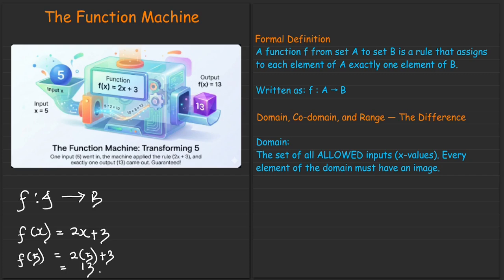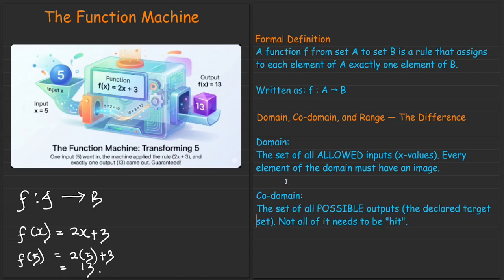The codomain, on the other hand, is the set of all possible outputs. So it is another set that will have all possible outputs that the domain can be matched to. It doesn't necessarily mean that every element in the codomain is mapped or affected by the domain.